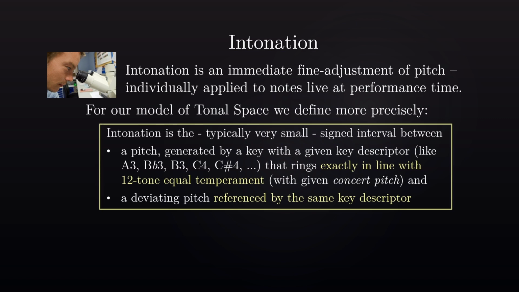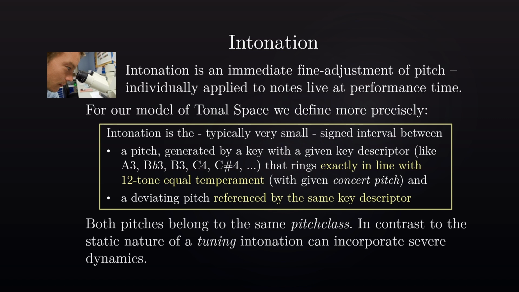For our model of tonal space, we define more precisely: intonation is the typically very small signed interval between a pitch generated by a key with a given key descriptor that rings exactly in line with 12-tone equal temperament, and a deviating pitch referenced by the same key descriptor. Both pitches belong to the same pitch class. In contrast to the static nature of a tuning, intonation can incorporate severe dynamics.